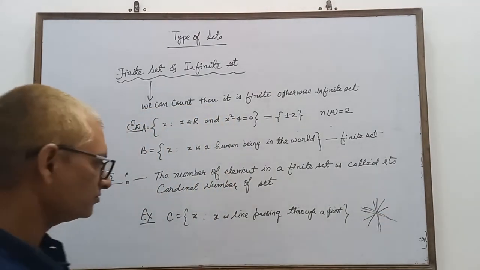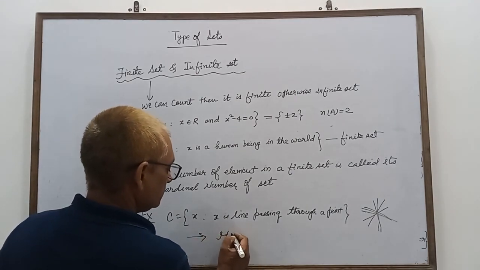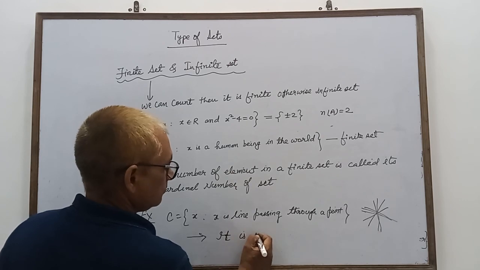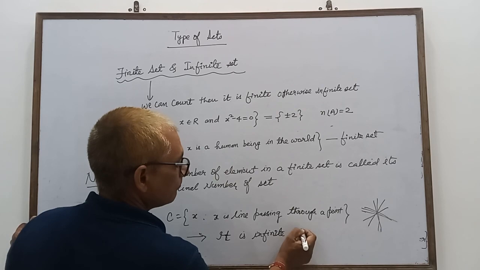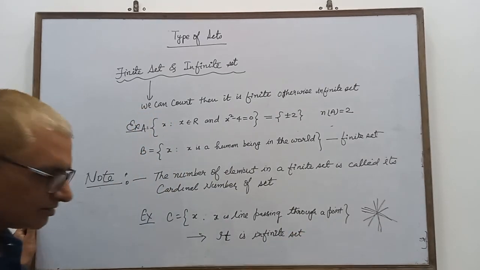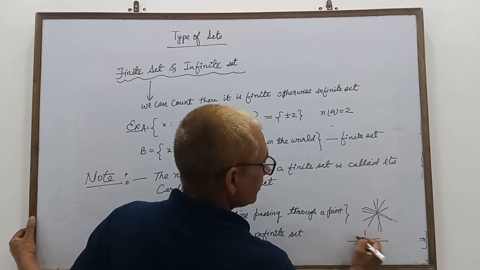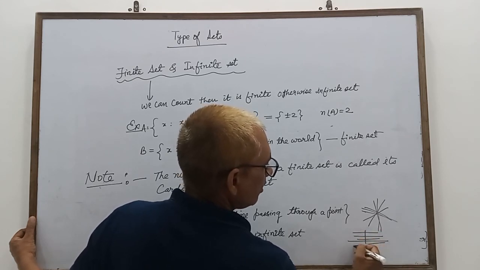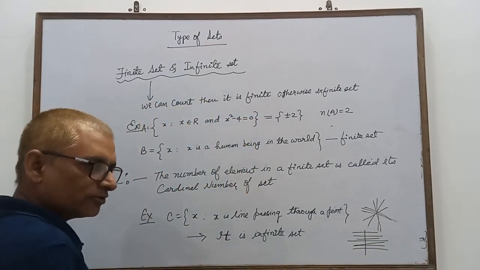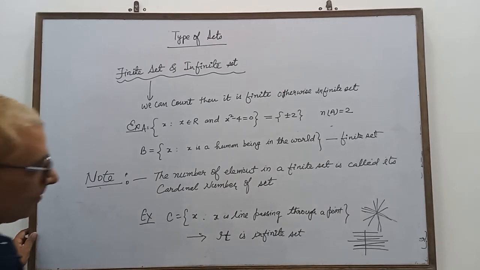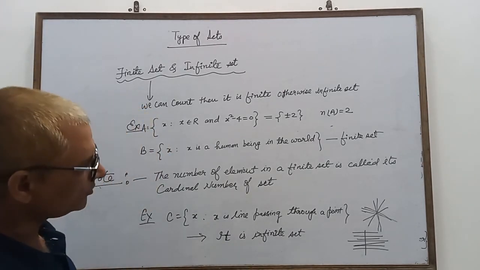We can't count them, so it is infinite. Similarly, take the x-axis: the set of all lines parallel to the x-axis is also an infinite set. So you can get many sets which are finite and infinite.